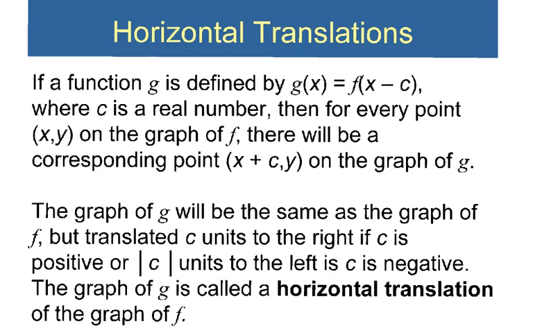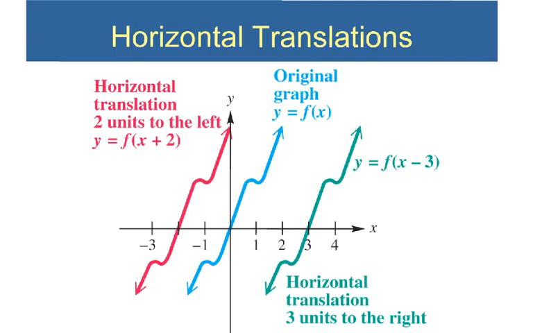Okay? So let's look at an example. Well, here, before we move on to our example, is just a quick representation of what a horizontal translation will look like. We have the graph of our original function, and then if we add 2 to our x value, it shifts over 2 to the left.